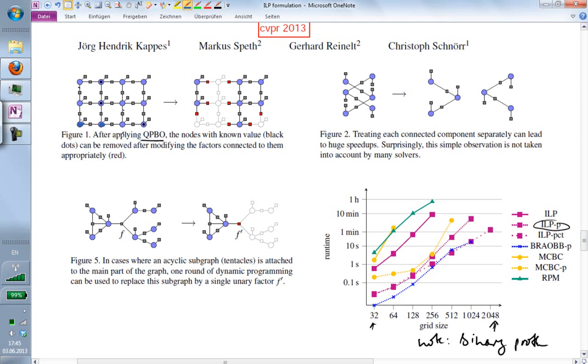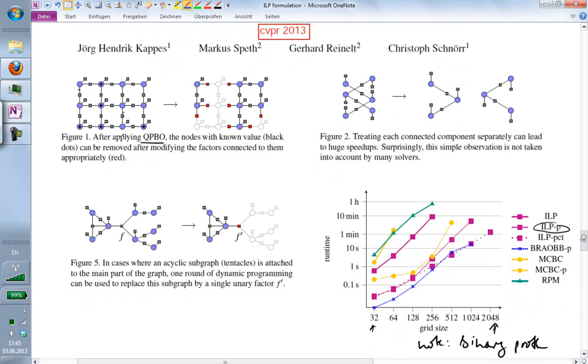And if it had not found that label either, the whole thing would still have been connected, and we couldn't have partitioned it into two parts. But that said, the graphs on which Jörg worked here were generated randomly, so they were not designed to be particularly easy. So these you can call heuristics, but they work very well even on random graphs, which are even harder than the graphs that you have in normal computer vision.